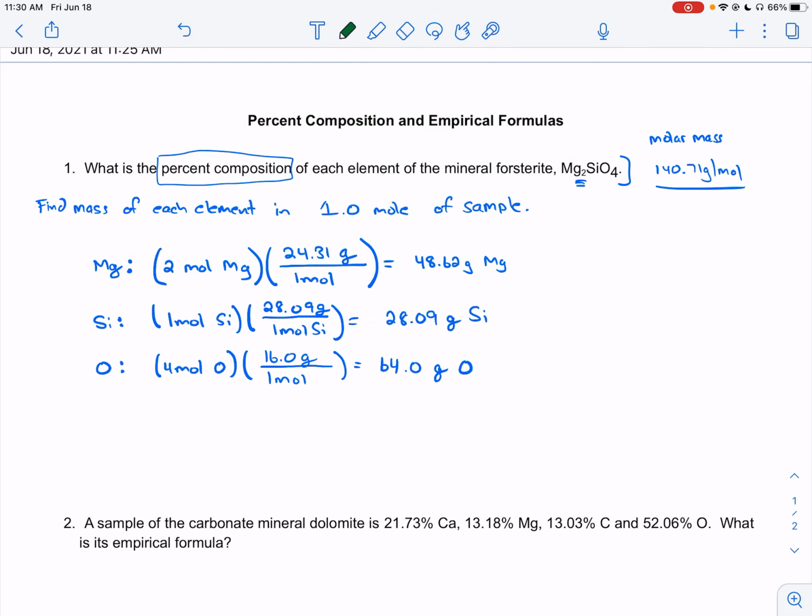So next, using this, we can now say find mass percent.